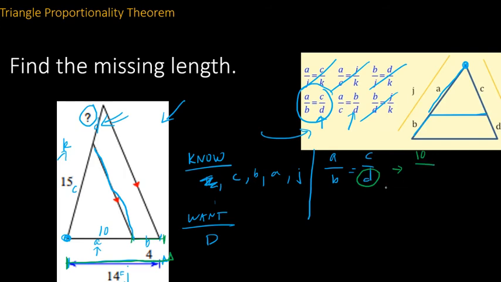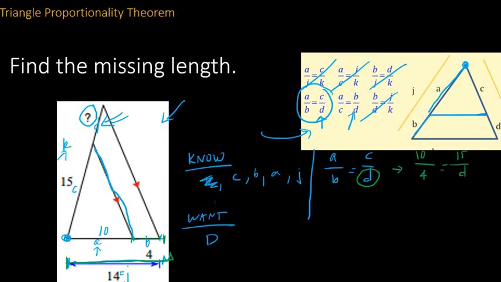So 10 over B, which is 4, equals C, which is 15, over D, which I don't know. All right, so I've got 10 over 4 equals 15 over D.